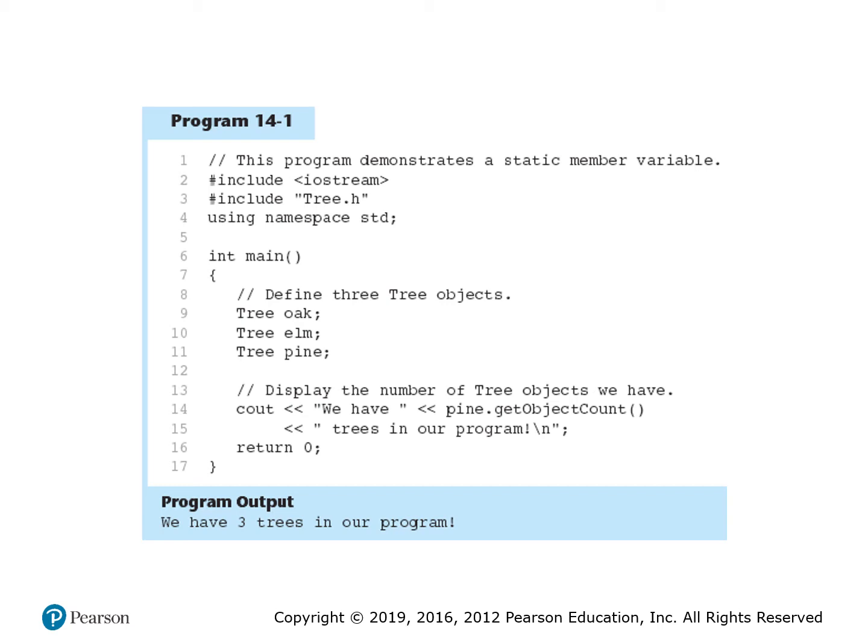And then we defined a member function called getObjectCount, and we just call it the way we call any other member function, pine.getObjectCount. But because the number of objects it's referring to is a static number, it doesn't matter whether we call pine.getObjectCount or elm.getObjectCount or oak.getObjectCount, they'll all return 3 trees because that's the number of trees we have.